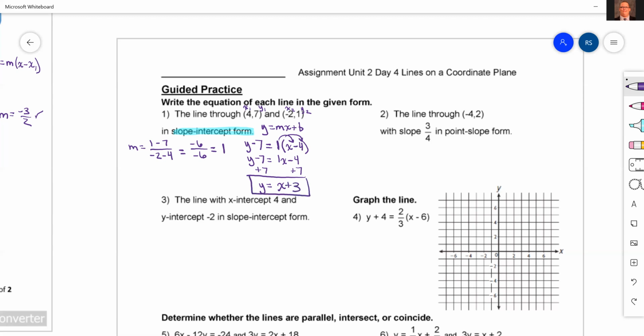There's the equation we want: y equals x plus 3. That matches the form we need. So we actually had to use the other form to get our answer. And that's okay, we can do that because math.